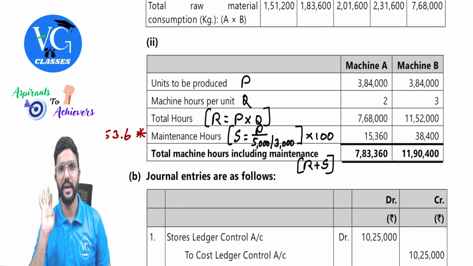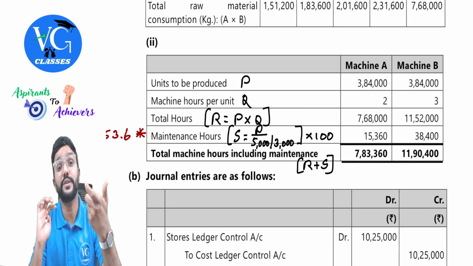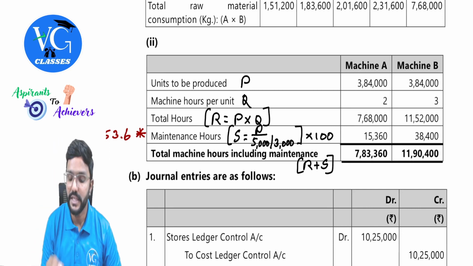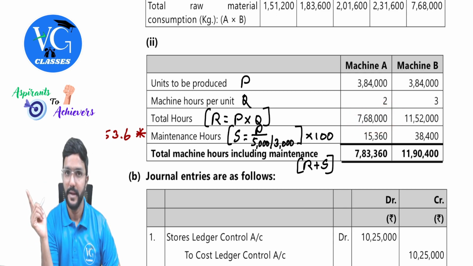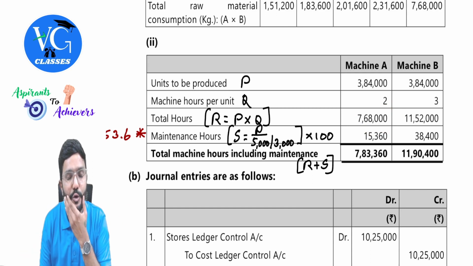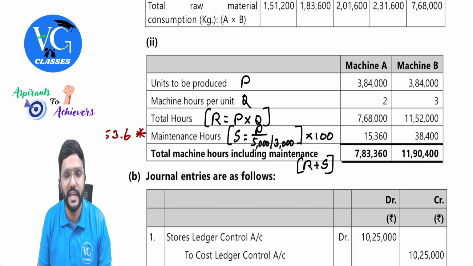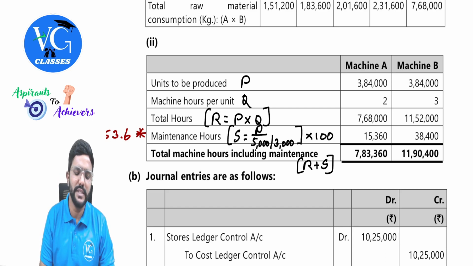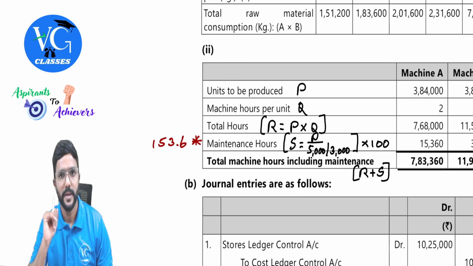And when will we do the 154th maintenance? When the machine completes 7,70,000 hours. In between, will we do any maintenance? No. In between 5,000, we will not do any maintenance. Then why consider this decimal? They should have ignored this decimal, in my opinion.